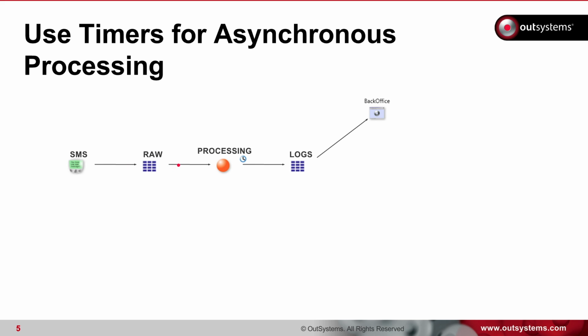This has the raw data that is already ready for sending. And now we trigger a timer, hence this symbol here. The timer will send each SMS in the background, and while it does that, it logs the result or failure of each thing being sent in the logs entity.